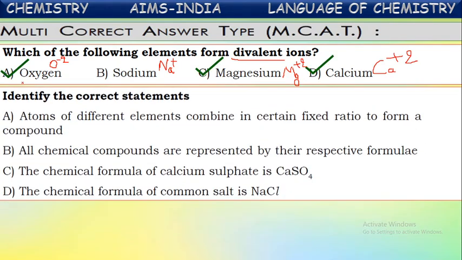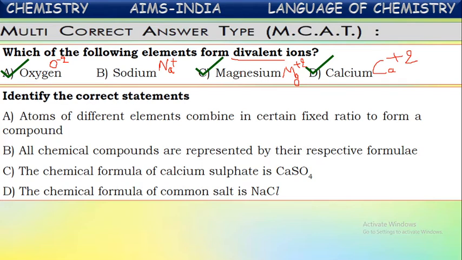See the next question. Identify the correct statements. Read the statements once. Atoms of different elements combine in a certain fixed ratio to form a compound. Yes, atoms will always combine in a fixed ratio to form a compound.